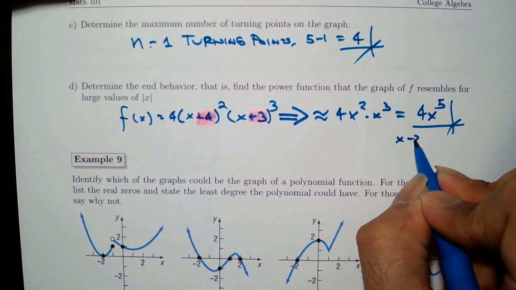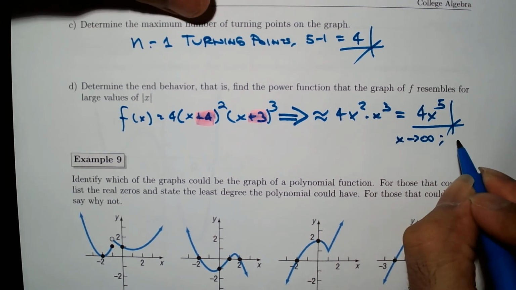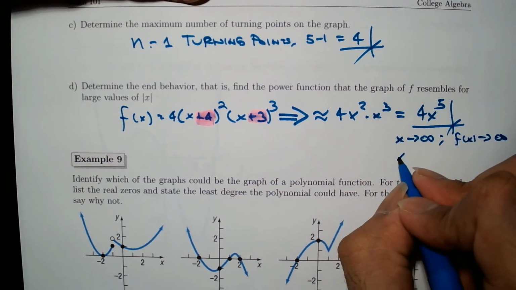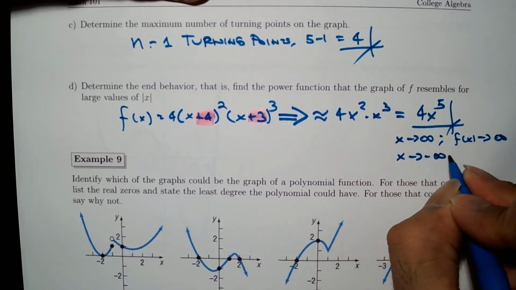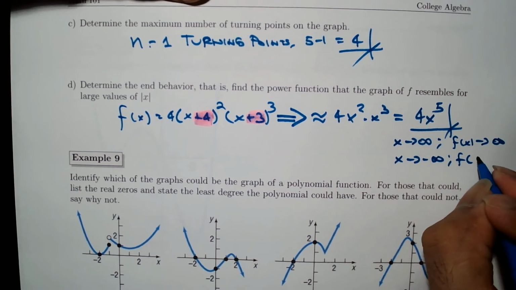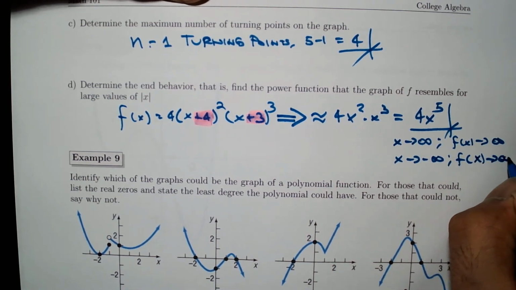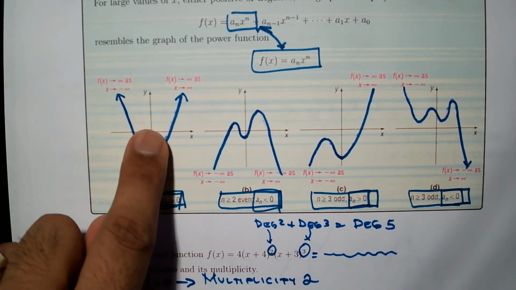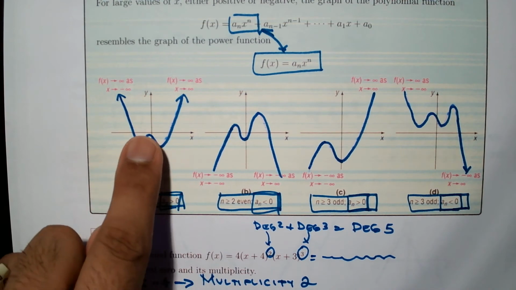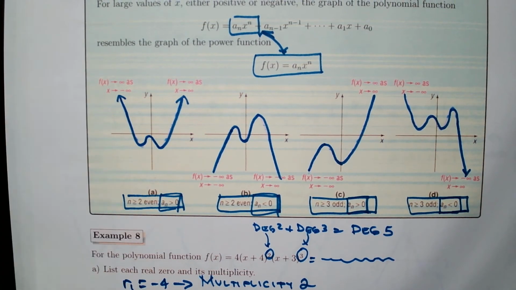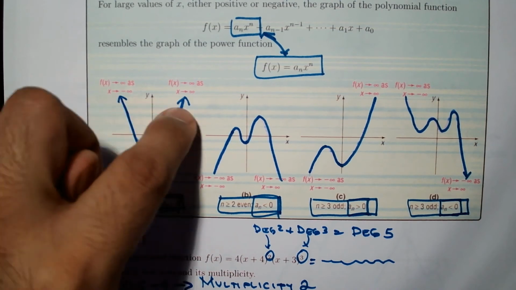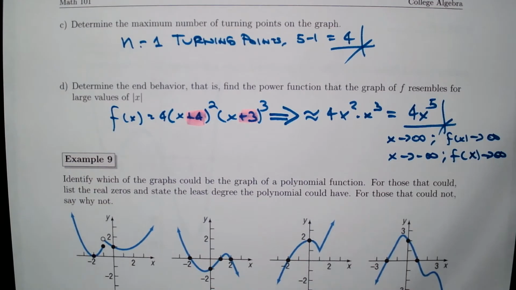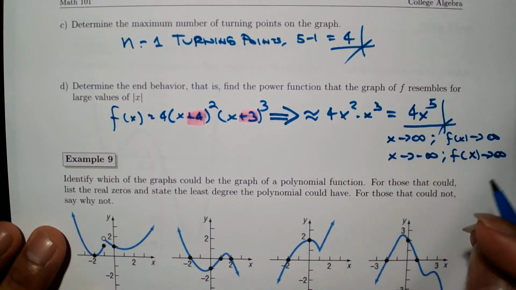So as x approaches infinity, we're going to have that f of x approaches infinity as well, and for negative values of x, we're going to have, wait a minute, no, this is an odd.